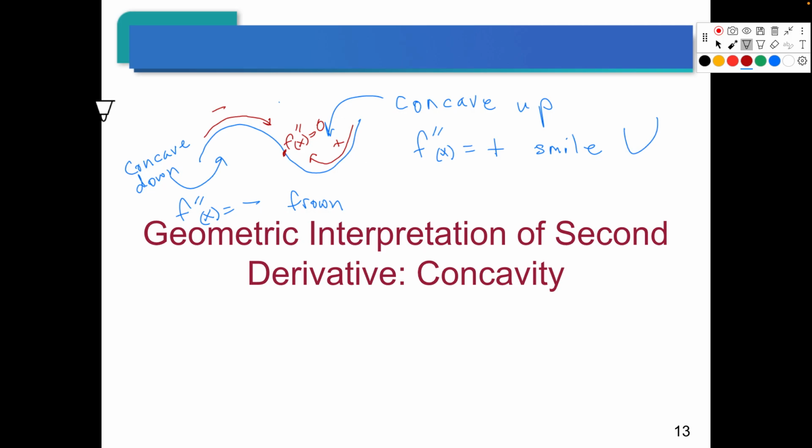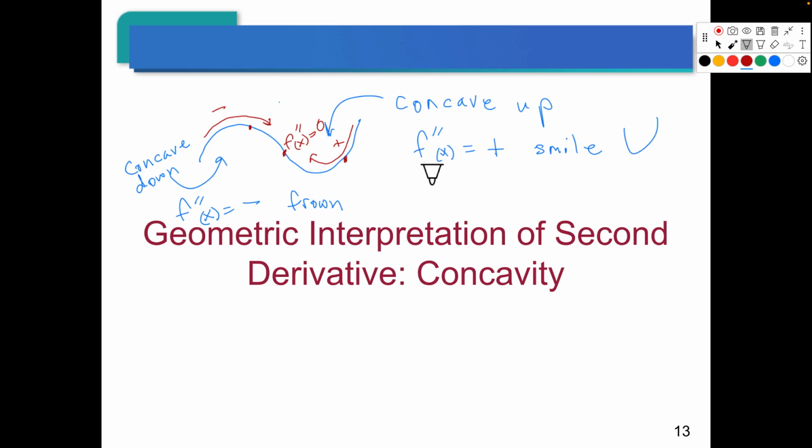And then we could also plug in these x values over here. If I plugged in this x value into the second derivative, I would get a negative result. Some value that would be negative all along here. And then if I do it over here in this part, if I plug this x value into the second derivative, I would be guaranteed to get a positive.